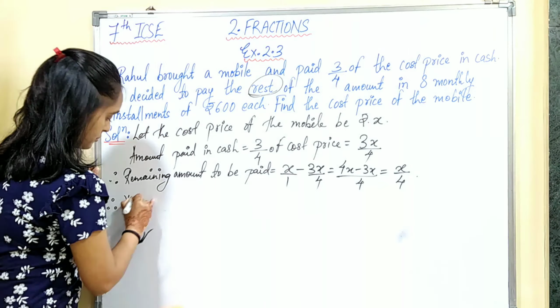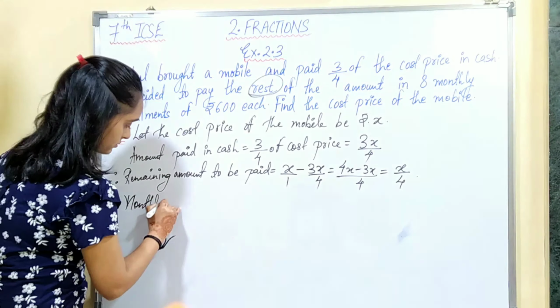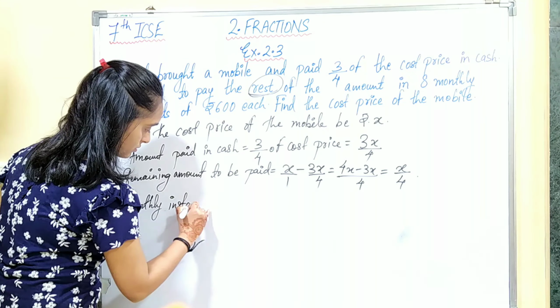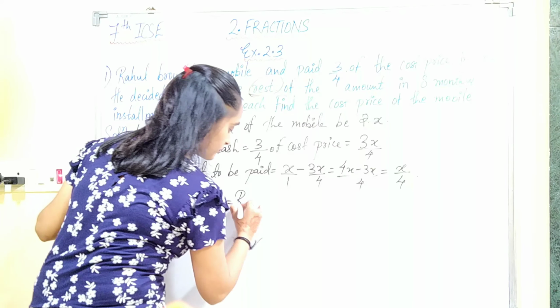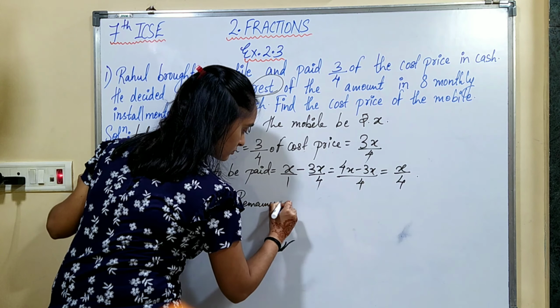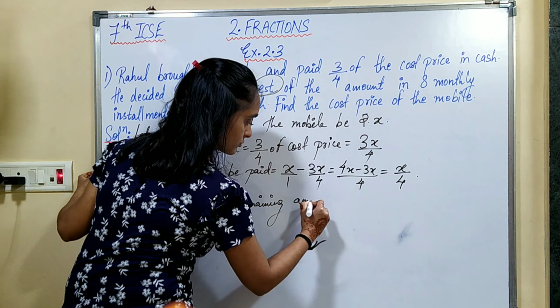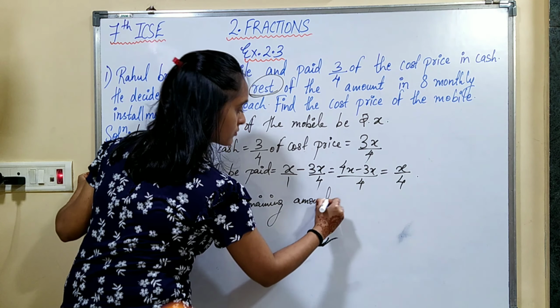So this amount will be equal to, therefore, monthly installments equals remaining amount. So monthly installments were 600 rupees till 8 months. So 600 multiplied by 8 equals x upon 4. 8 6s are 48, and these 2 zeros, that is 4800 equals x upon 4.